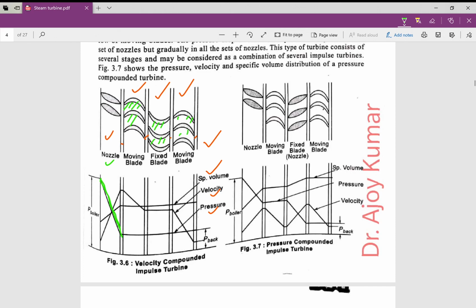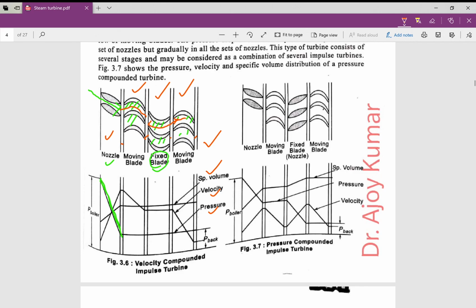This fixed blade is fixed, meaning fixed with the casing. It doesn't rotate, it just guides the steam which is coming from the nozzle and enters the moving blade, and then it is properly guided by this fixed blade so that it enters the next row of moving blade.